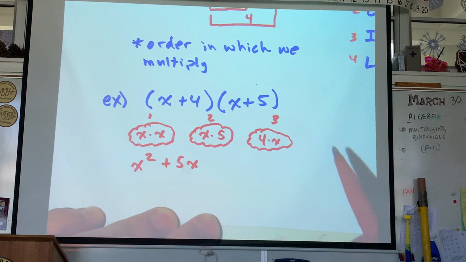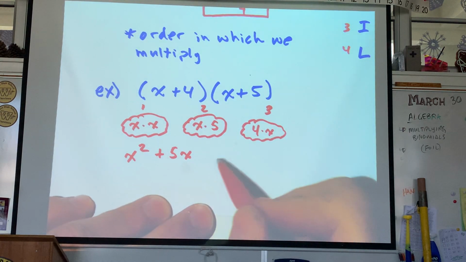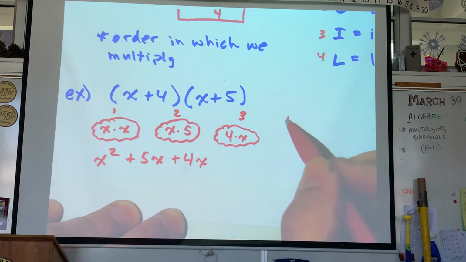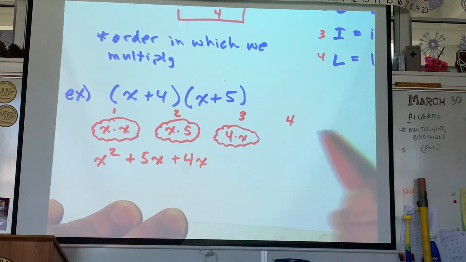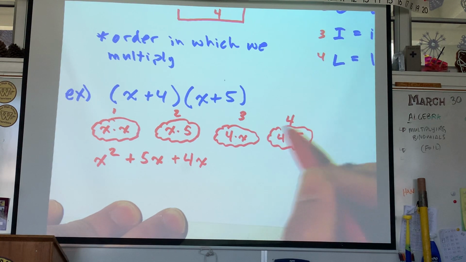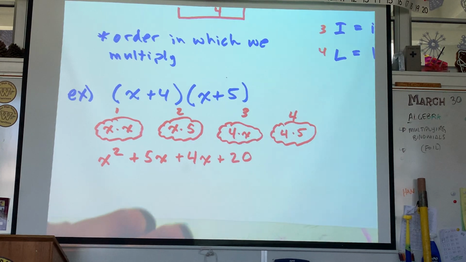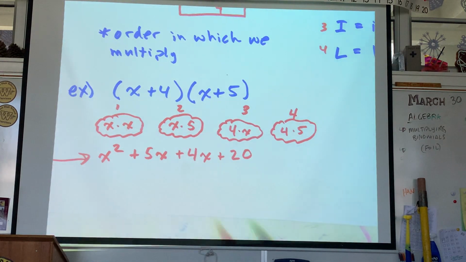What's 4 times x? Right, it's positive 4x. And the fourth step would be 4 times 5. And 4 times 5 is positive 20. All right, that's my first step right there.